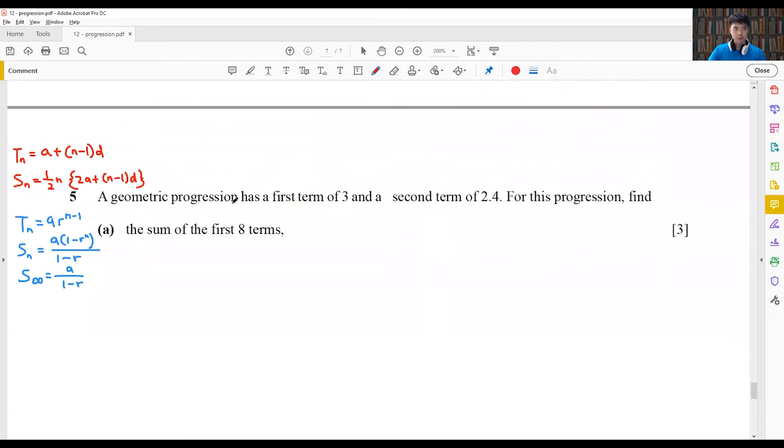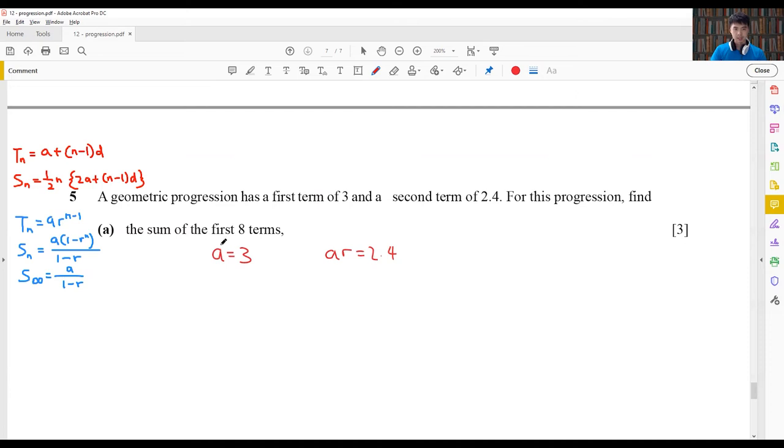A geometric progression has a first term of 3, a second term of 2.4. For this progression, find the sum of the first 8 terms. So writing this down first, the first term a is equal to 3, and then in the geometric progression, ar is equal to 2.4. So in this case, we can actually find the value for r first.